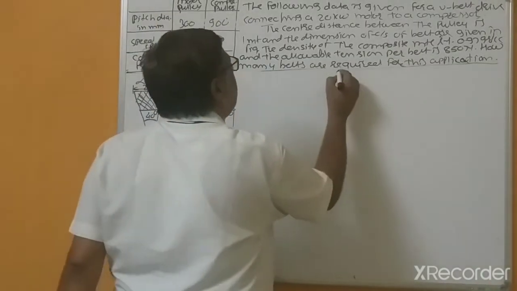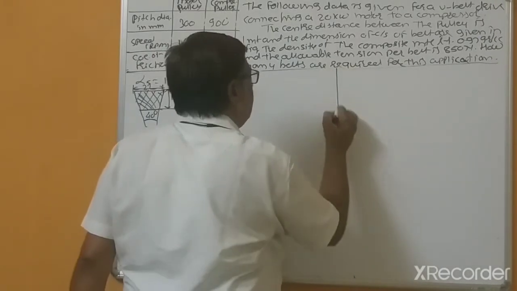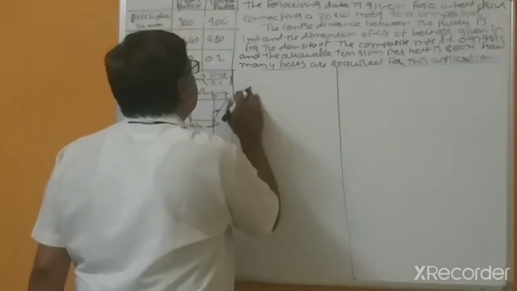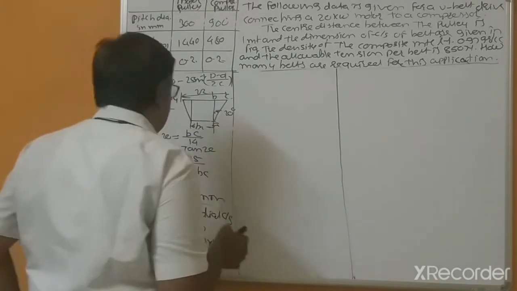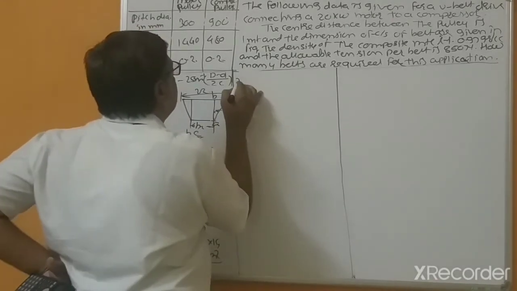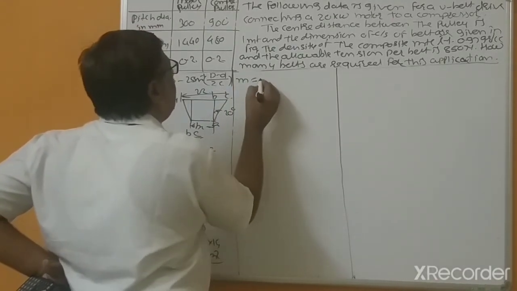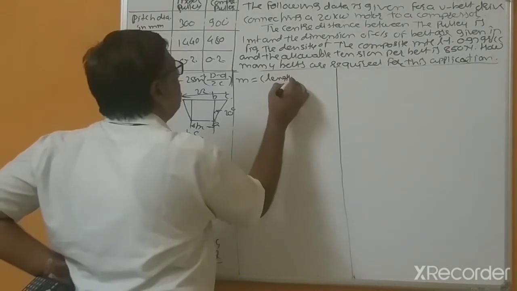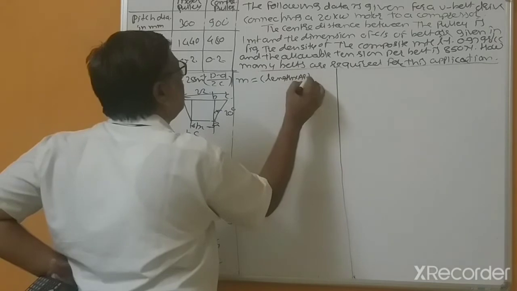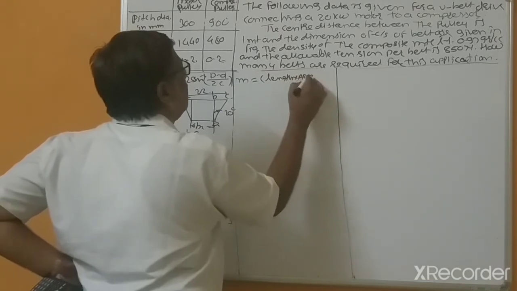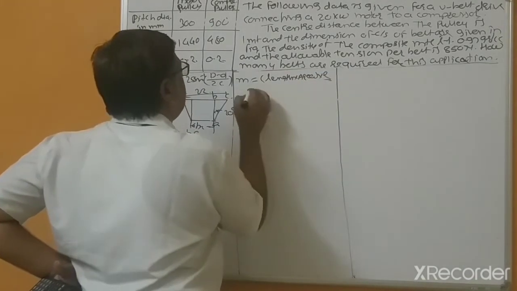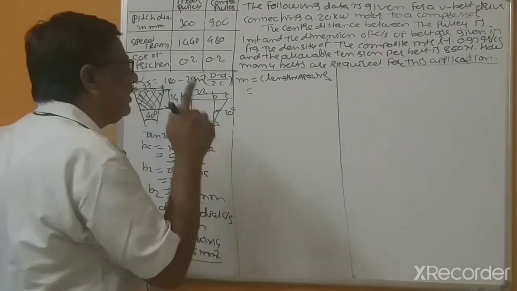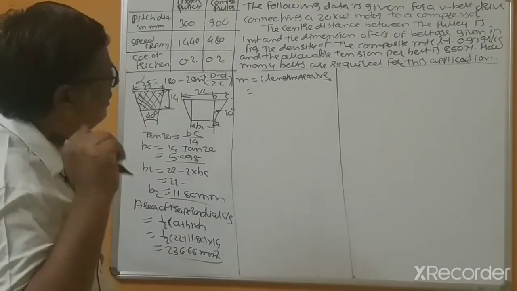So we are first calculating mv square. M equal to mass equal to length into area multiplied by density, and this is given in gram per cc.